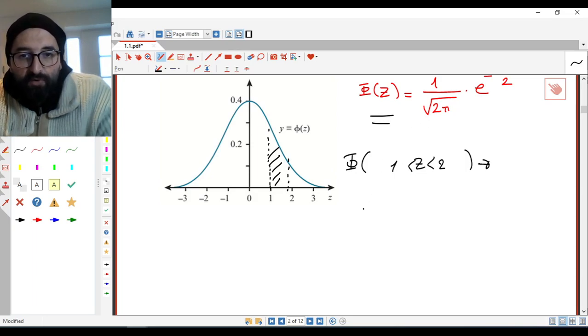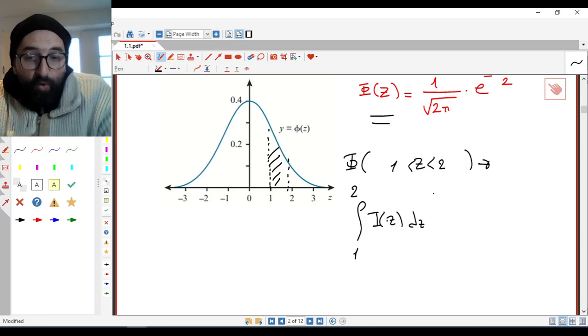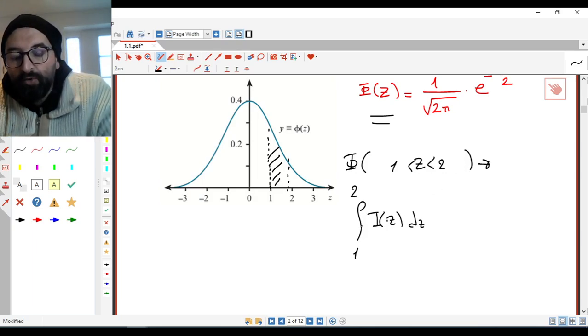If you want to find this probability from 1 to 2, it is the integral of phi(z) dz, but calculating this integration is also very hard.